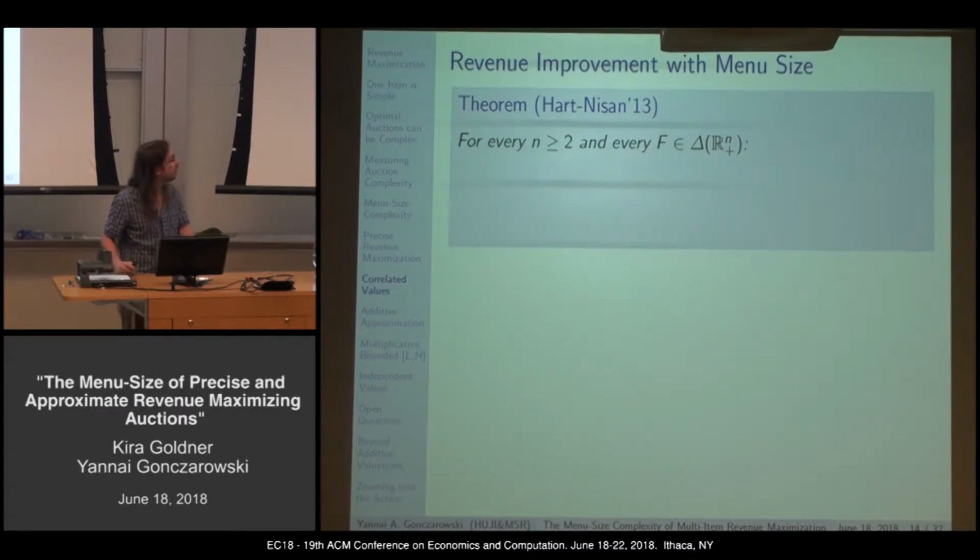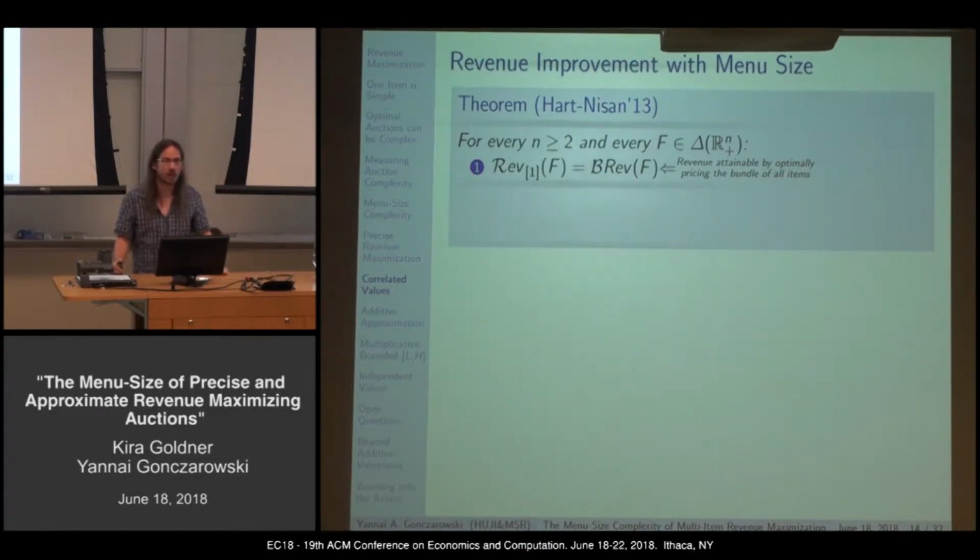For every number of items, at least 2, and for every f, note that this is completely unrestricted, any correlated distribution over non-negative numbers, we have the following. The revenue from one menu item is the revenue attainable by optimally pricing the bundle of all items. It's kind of intuitive, right? If you only have one option to offer the buyer, might as well throw all of the items in. It's just going to increase the sale probability.